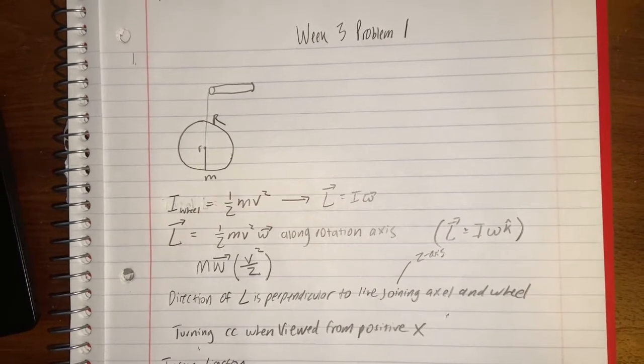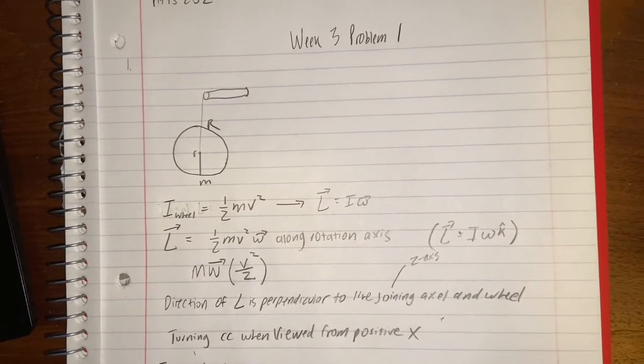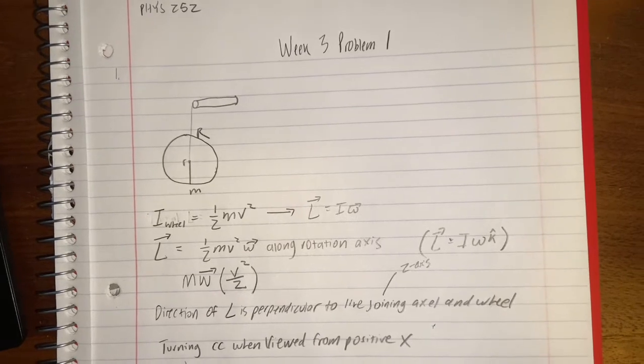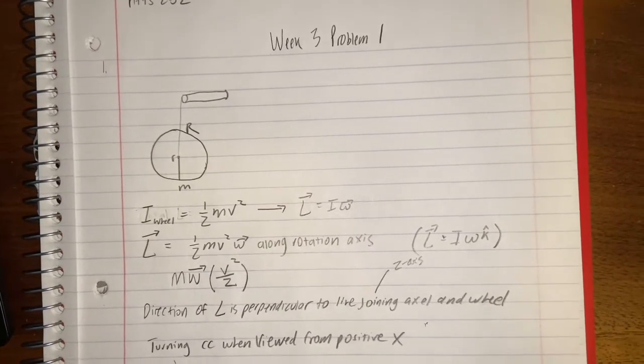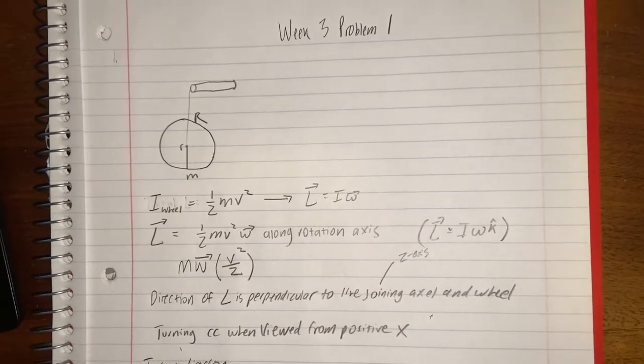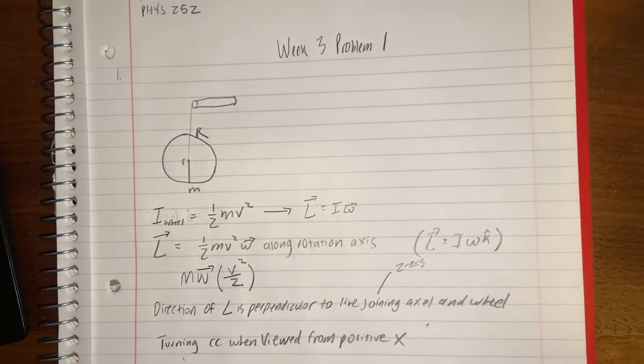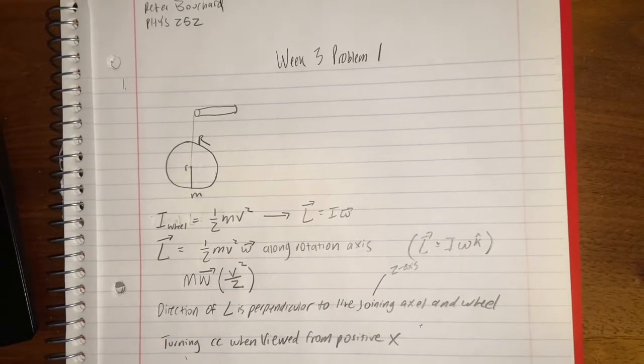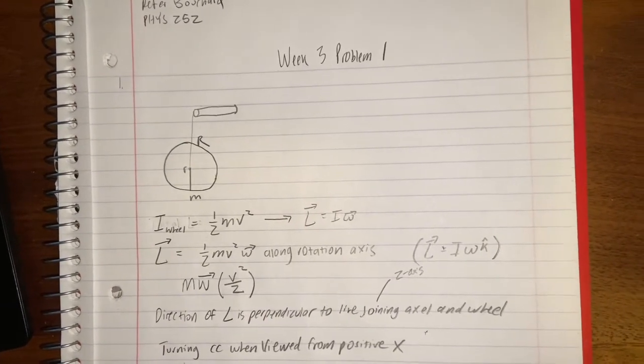After a little bit of simplification, we find that the mass times the angular velocity times v squared over 2 is equal to the angular momentum.